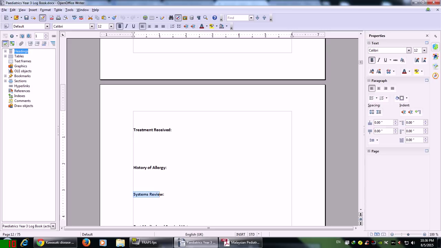For example, for the CNS, you can ask about the level of consciousness, the drowsiness. Of course, in the infant or the child, you can't particularly ask about drowsiness because they may be always sleeping all the time, so you can't say whether the child is drowsy or not. You can ask other questions, for example, about irritability.